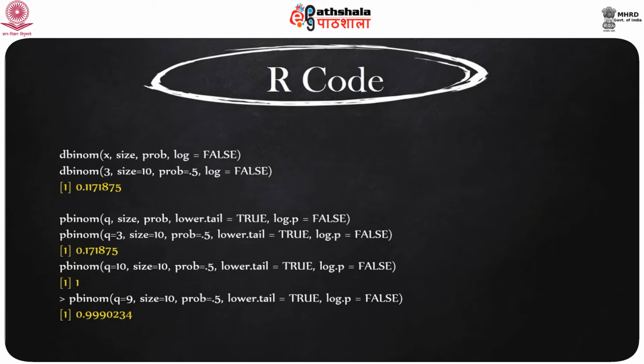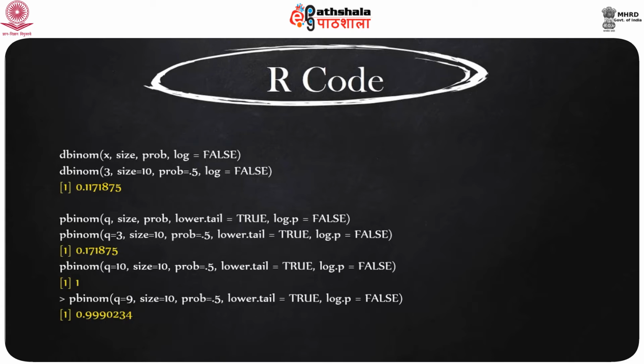In particular, if you want the probability of getting 3 heads out of 10 trials, where the probability of getting a success is 0.5, then we should take these values as input. That has been given here. So look at the output that we are getting.